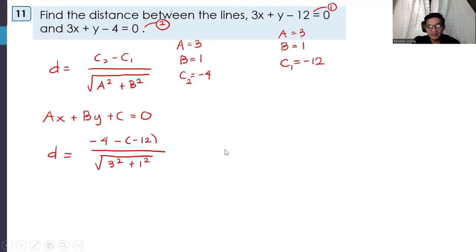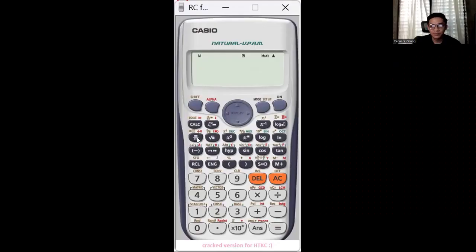So input natin lahat sa ating calculator. We have negative 4 minus negative 12 divided by the square root of 3 squared plus 1 squared. So the answer is 4 square root of 10 over 5.